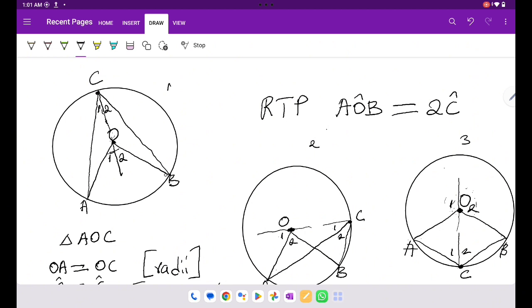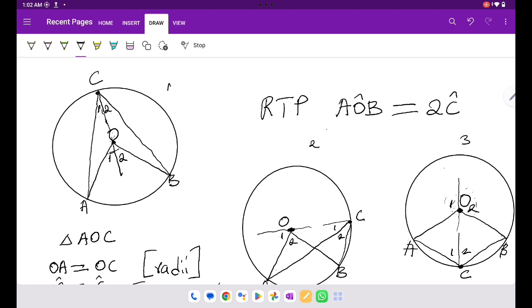We give the same reason that they are radii, and that it means in the first triangle we said C1 equals A because they are the opposite angles of equal sides. And even in triangle 2, we will say that C2 equals angle B. Same reason, opposite angles of equal sides.